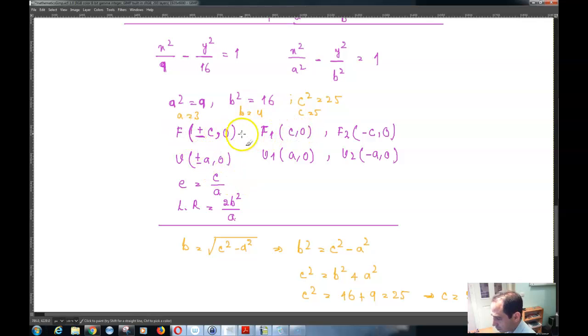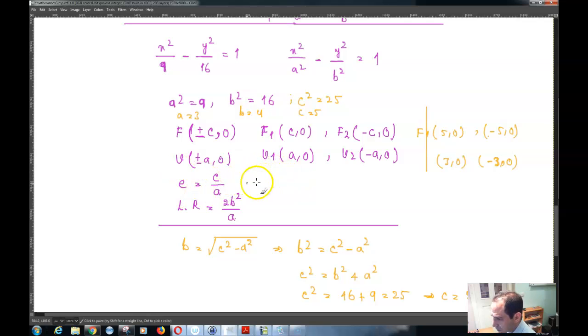Now your foci are at F1 is at C, 0, so that's 5, 0, and negative 5, 0. Your vertices are at A, 0 and negative A, 0, so 3, 0 and negative 3, 0.